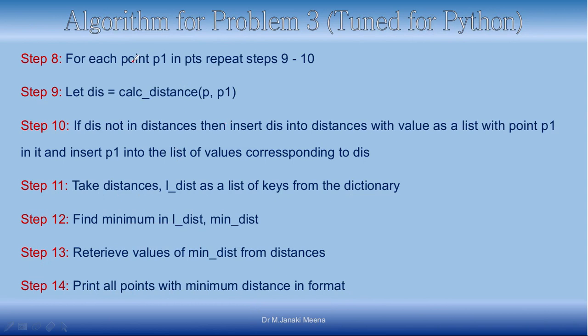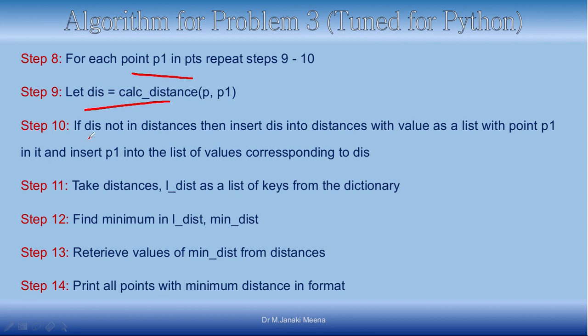Input is got. Now we have got a list of points and you have got a point to analyze. Now what we are going to do, we are going to take the points one by one from the list, and let me call that current point as P1, and then we are going to calculate the distance. Let me call it DIS. Using a variable DIS, I am going to store the distance, and then I am going to look into the dictionary.